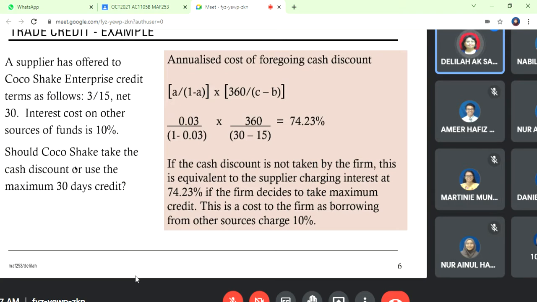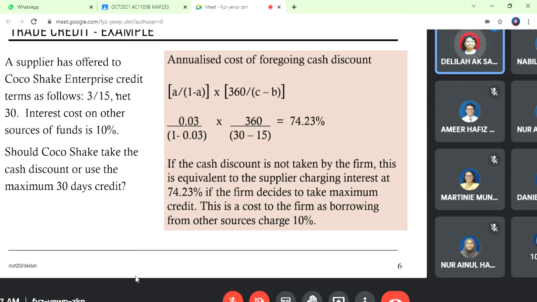If you use the maximum 30 days credit, it means you forgo the cash discount. That's why we use this formula, the annualized cost of foregoing the cash discount. A, remember, is the discount, 3%. C is the maximum period, 30 days.